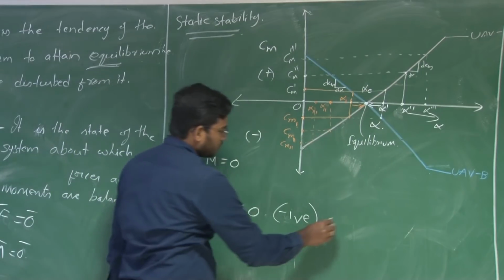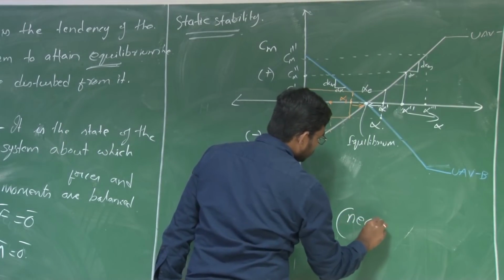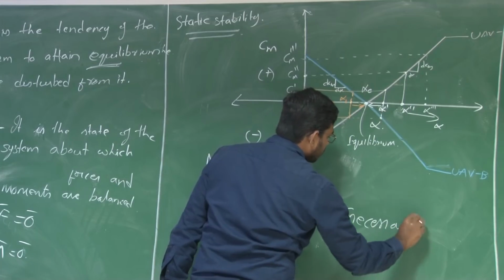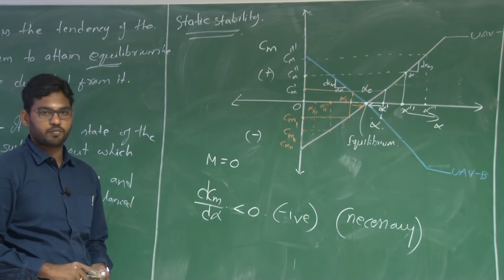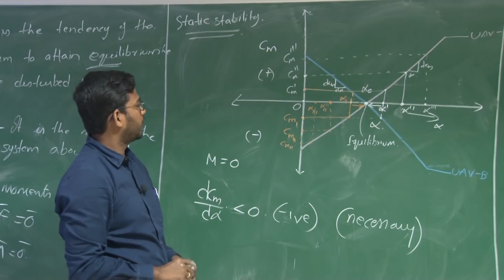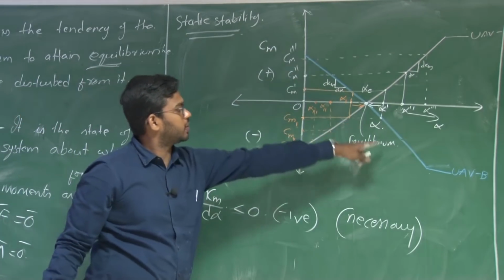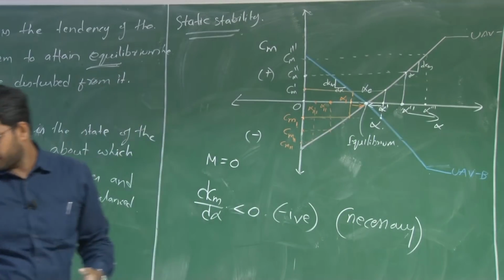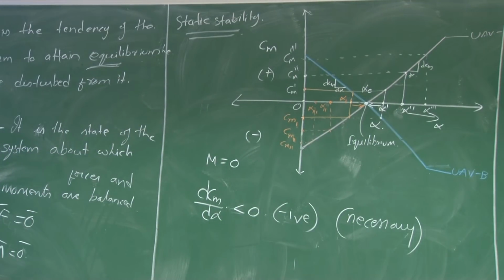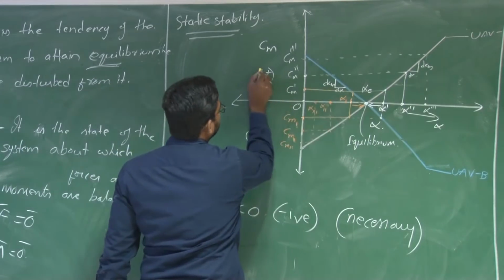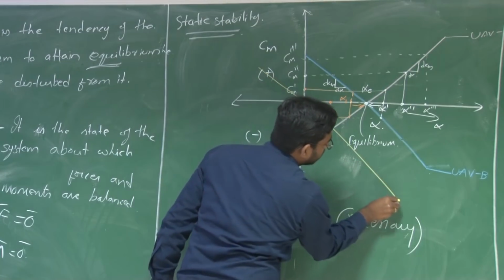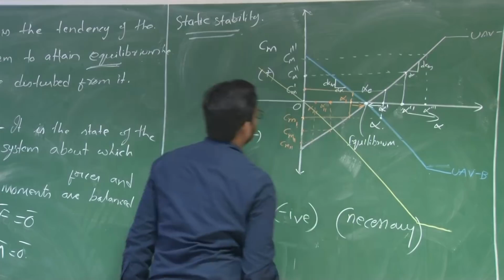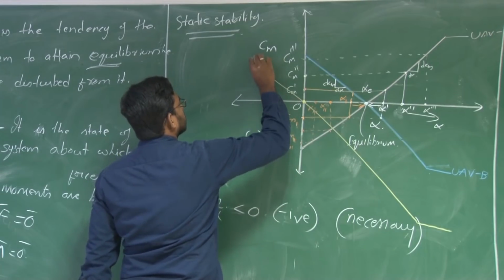So this is a necessary condition, but is it the sufficient condition? Let us say you have the Cm variation with alpha, the blue one, negative. Let me draw a parallel curve for this, with a negative slope but passing through the origin here, okay.